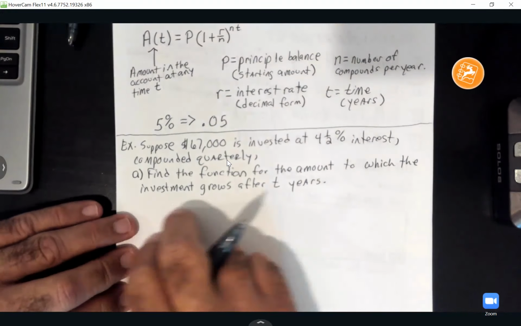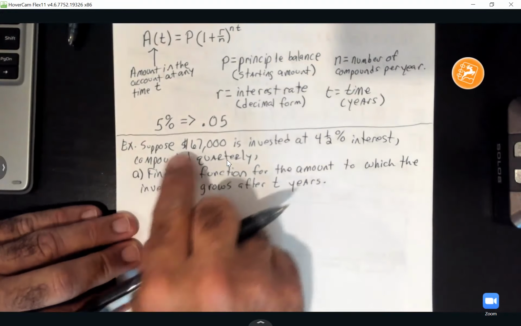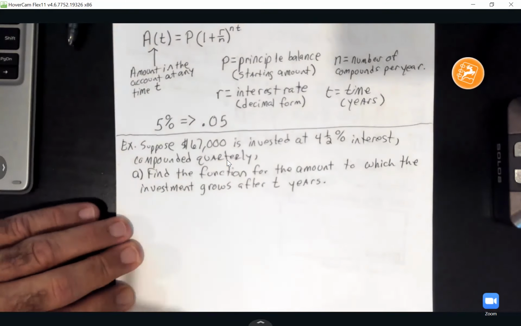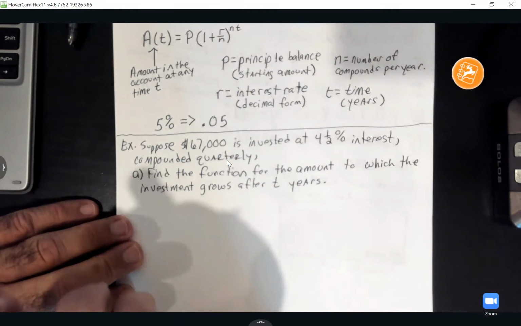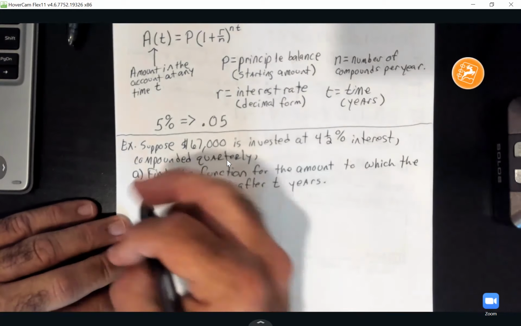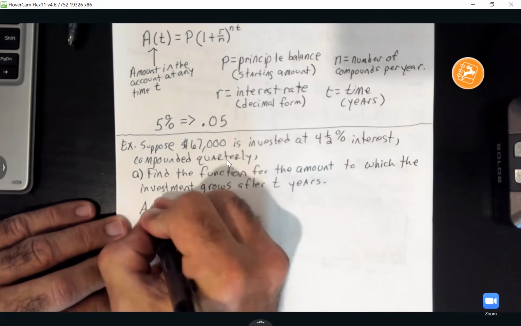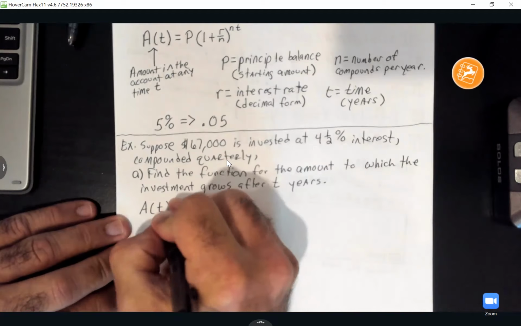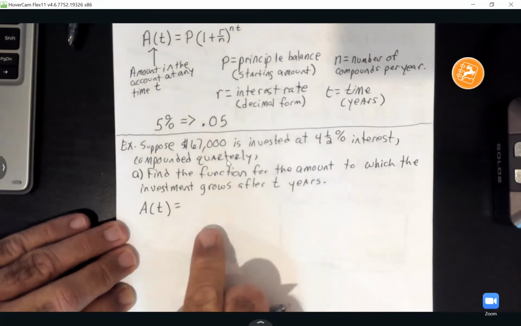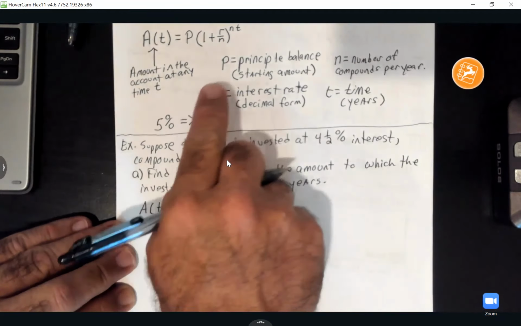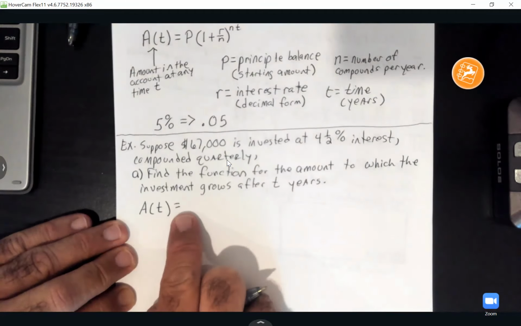So basically, they want the formula that I'm going to use to figure out what they're going to ask me in question B on this thing, okay? Now, MathLab will have the A of T here. We just got to put in everything else on this formula. So let's figure this out.